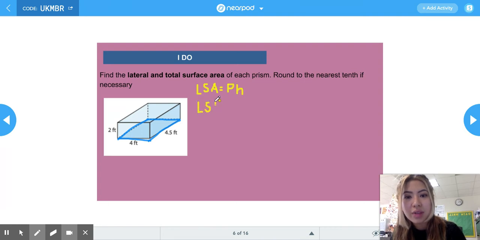So we have lateral surface area is equal to the perimeter of the base. To find the perimeter of the base, we have to add together all the different side lengths. So I'm adding together 4 plus 4 plus 4.5 plus 4.5.